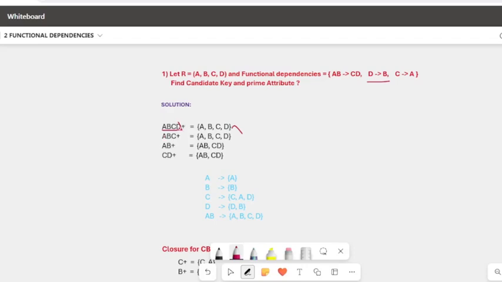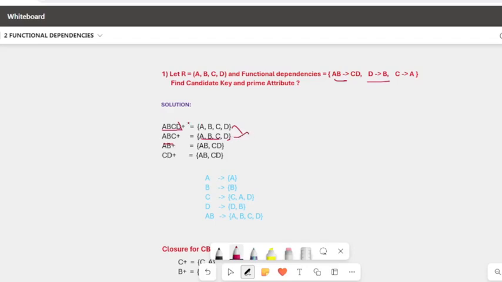So C will be removed. Now ABC, for which we want to identify the closure. For ABC closure, initially ABC, and does ABC determine anything? Yes, AB determines CD. C is already available, so D. This is also a super key.